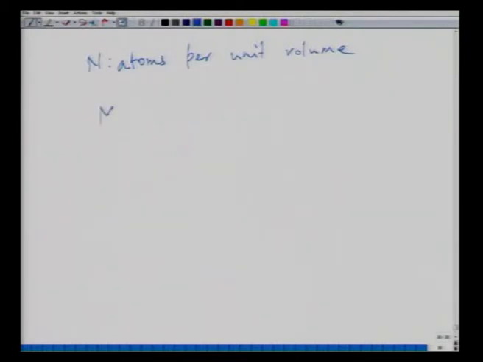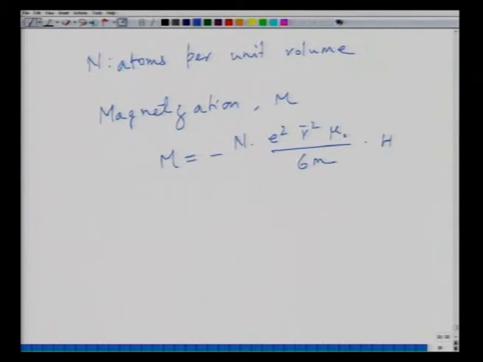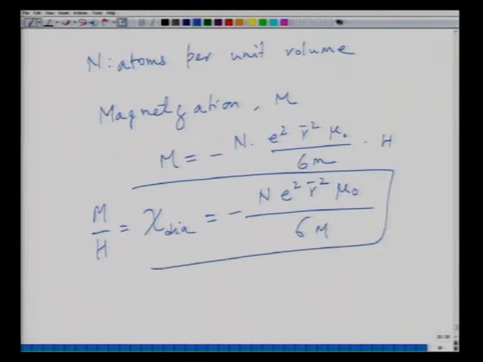As a result, the magnetization M is given as M equals minus n multiplied by e square r bar square mu naught divided by 6m into H. If you take H on the other side, M by H becomes nothing but chi dia, which equals minus n e square r bar square mu naught divided by 6m.